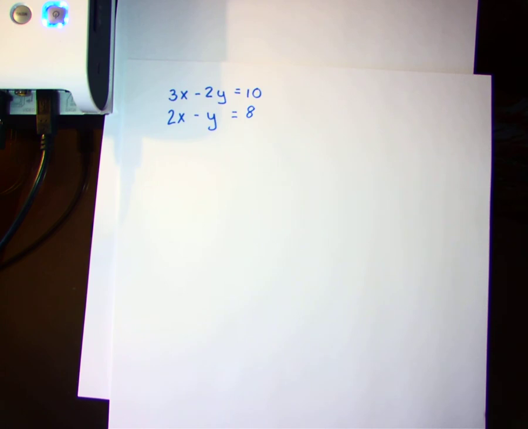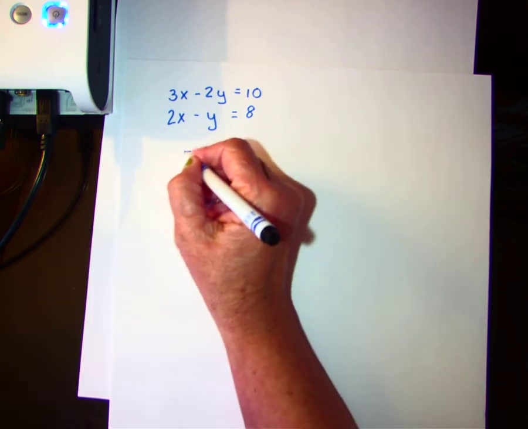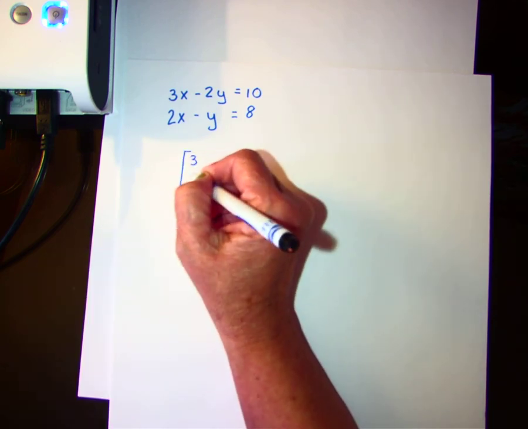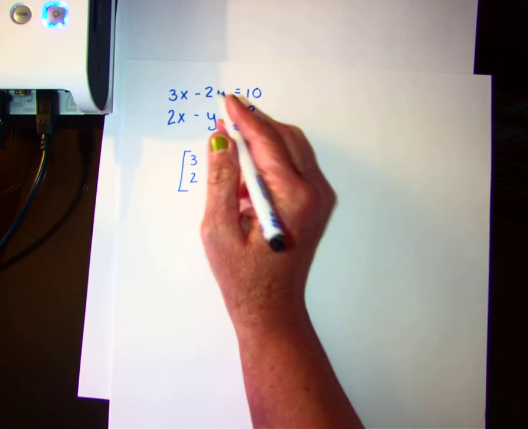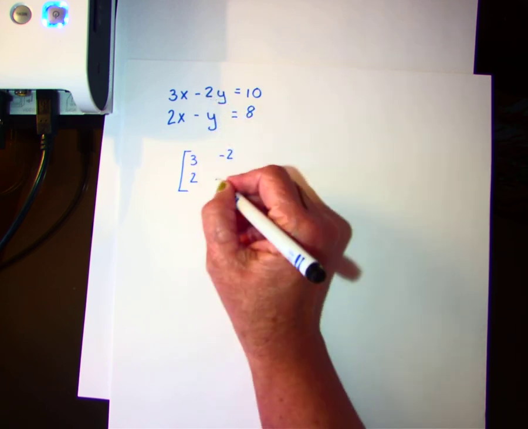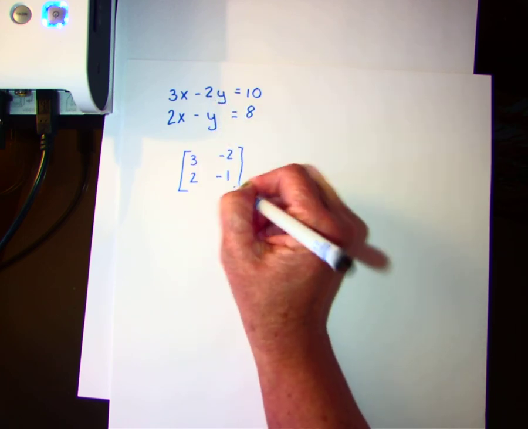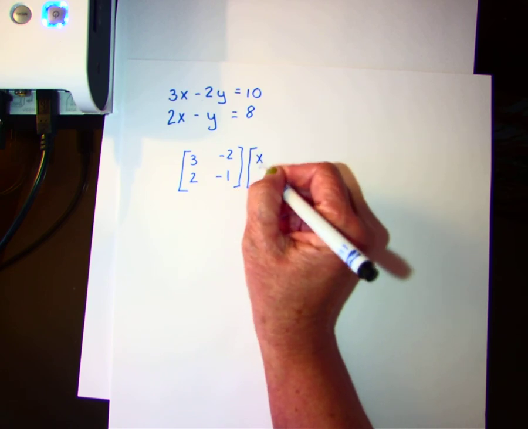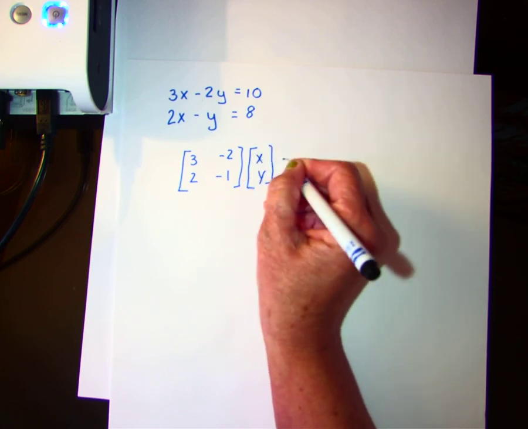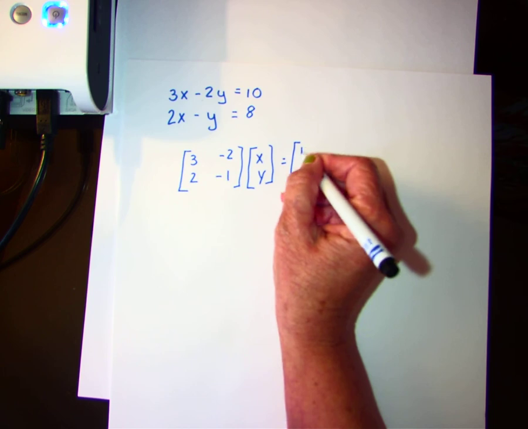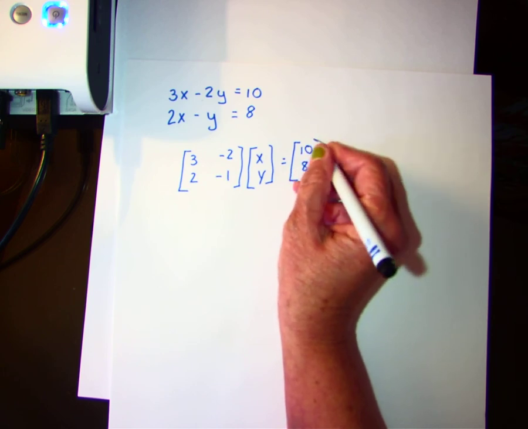So those are my two equations. So now I have a matrix, 3, negative 2, 2, negative 1, and note the negatives stay with the 2, a vector x and y equals the vector 10 and 8.